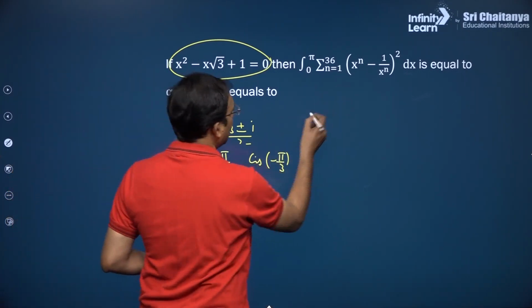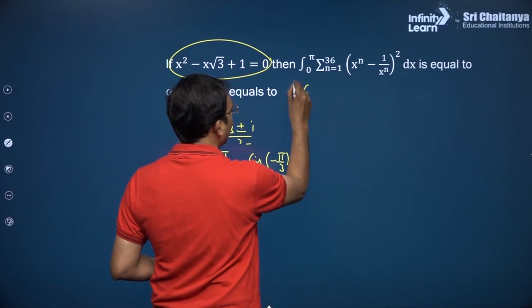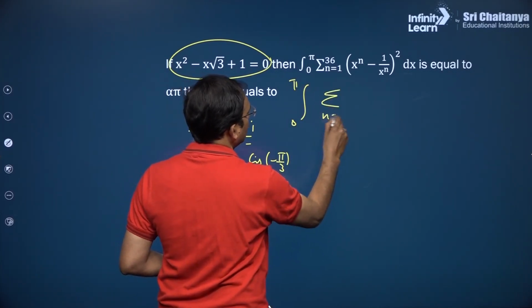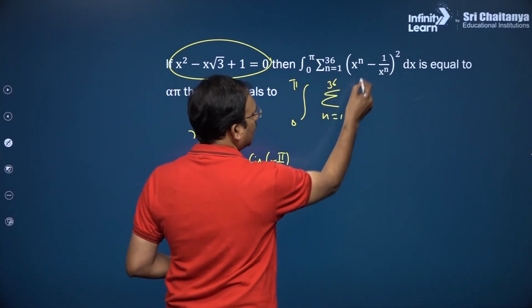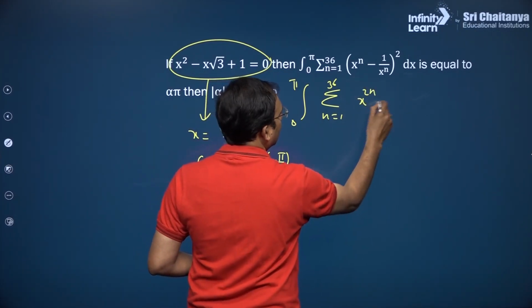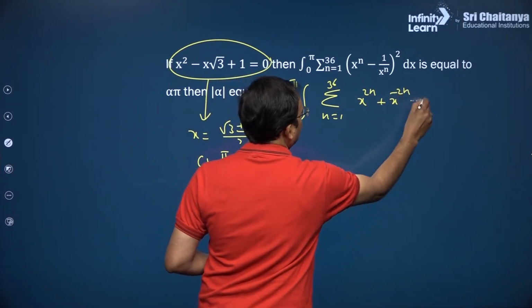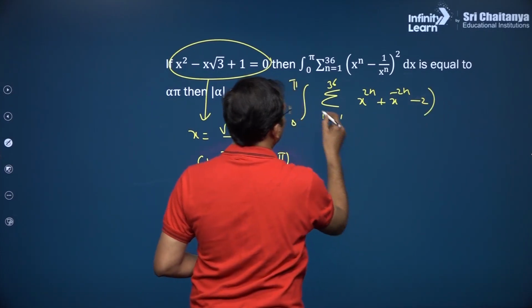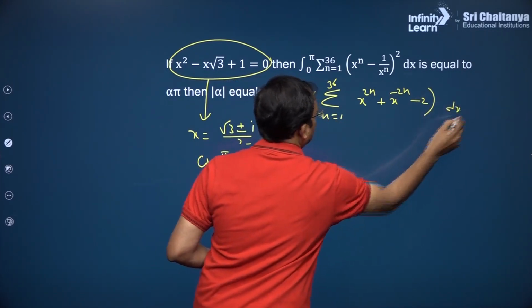Now, you can take this integral 0 to pi, sigma n is equal to 1 to 36, x power 2n plus x power minus 2n minus 2, this is the sigma, of course, of dx.